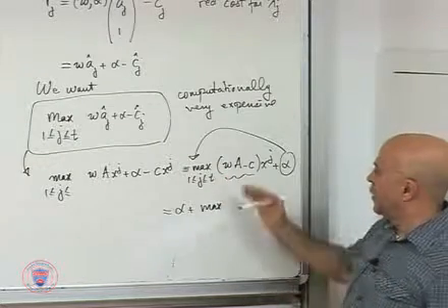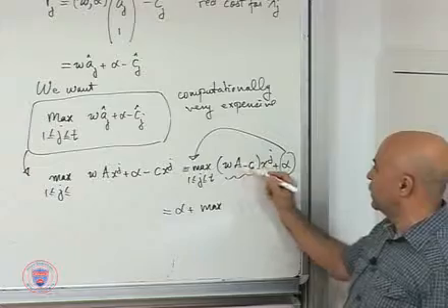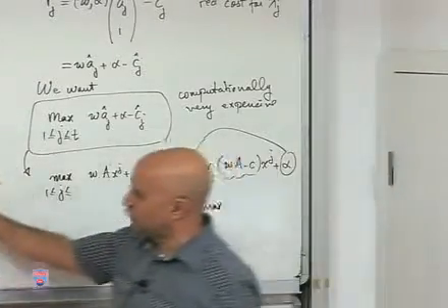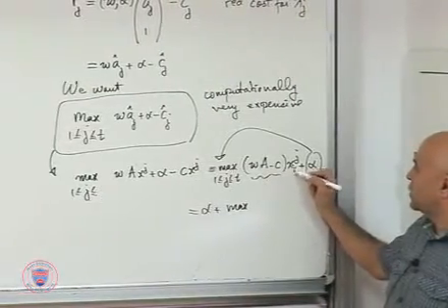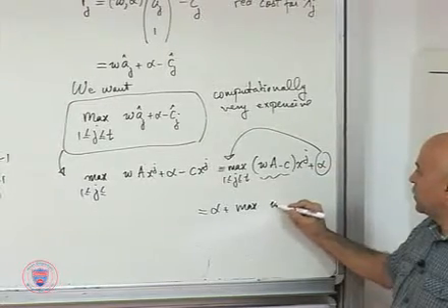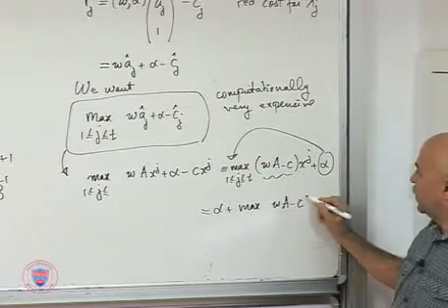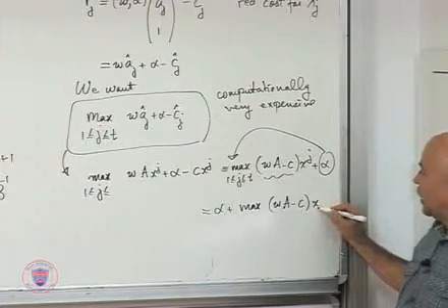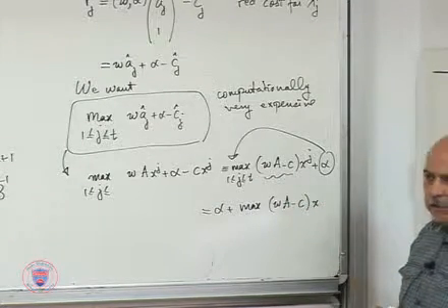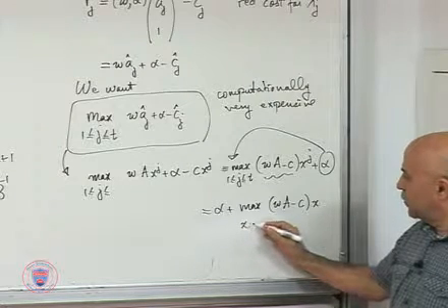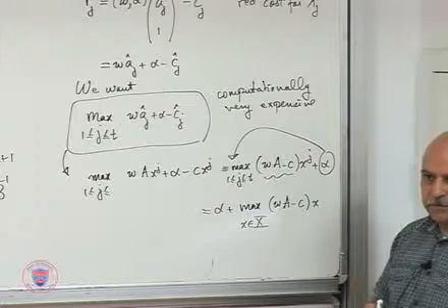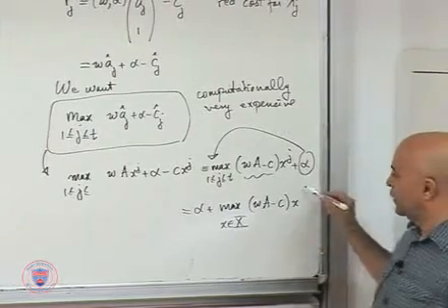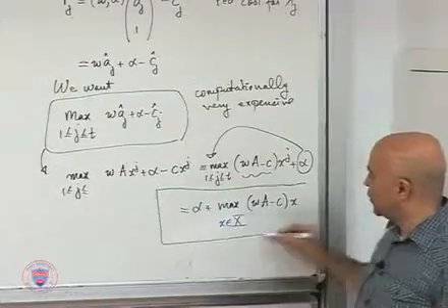But this is a computable thing, and you've got it on hand because W is already available from the current basis. Now, this is just the cost vector times an extreme point, which means you're simply trying to solve a linear program with unknown x here, which will give you an extreme point of the set capital X. That's what it is. And I think once you observe that, things become very easy.